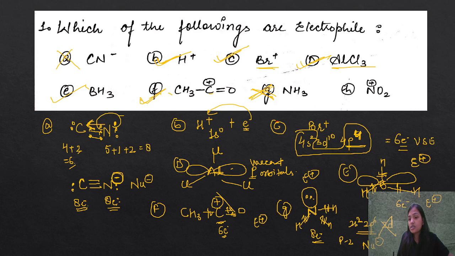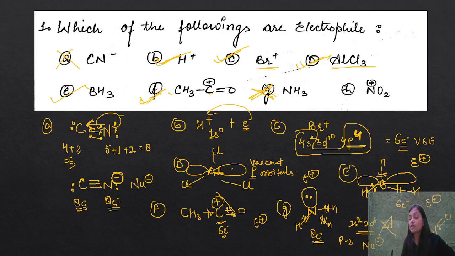The last option, that is NO2 positive. If you see the structure of NO2 positive, you will find that the nitrogen has a lone pair, and over the nitrogen we have 5 electrons, but because of the positive charge we have only 4 electrons. And then we have one more oxygen atom.